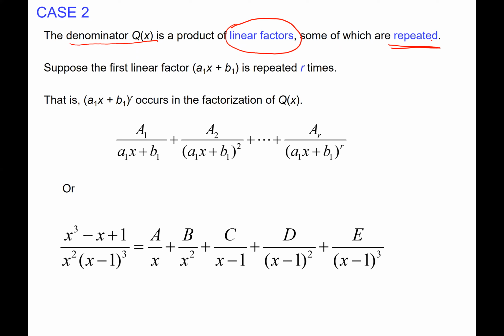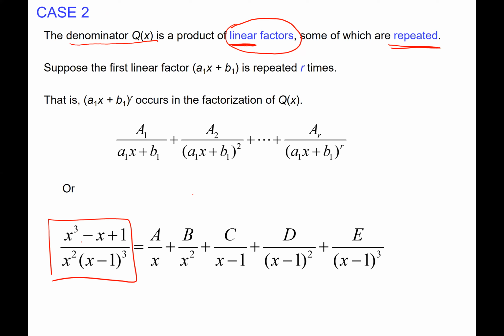Another thing: since all of them are linear factors, when creating the partial fractions you may notice we will still put just a constant, A, B, C, D, E, or if we need more alphabet, we will use it, on the numerator. That's sometimes confusing. Let's pretend this is my rational function.